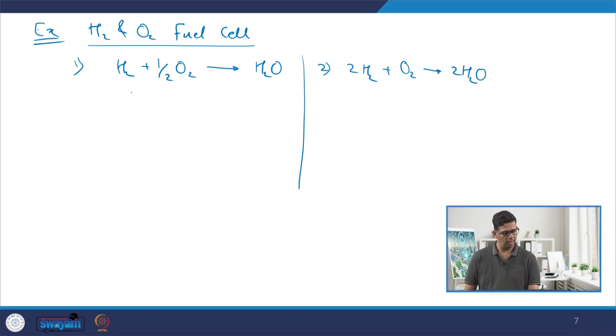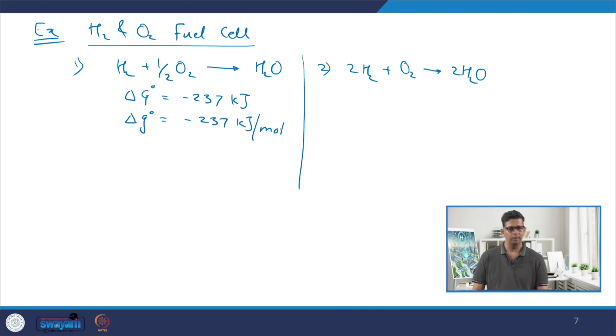So what is the Gibbs free energy of this reaction? Delta G equals minus 237 kilojoules per mole of hydrogen, or I can say on an intrinsic quantity, this can be on a per mole basis. So this is for the complete reaction. I can write the same expression as delta G equals delta G naught at STP, which is minus 237 kilojoules per mole. Let's find out how we can find the potential for this reaction.